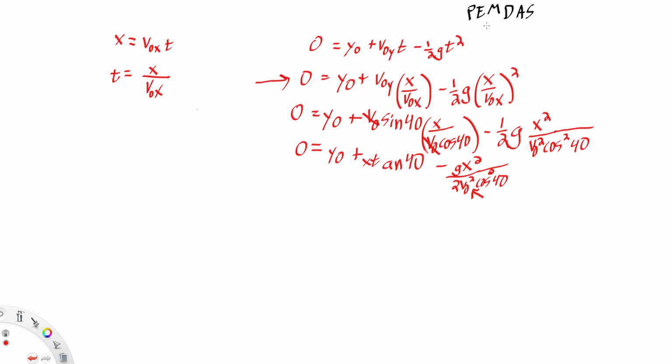However, when we are solving, we go in the opposite direction. So if we need to solve for something, we go right to left. So first, anything that is attached to our variable by addition or subtraction has to go. The things that are attached to our variable by addition are this y0 and this x tan 40.